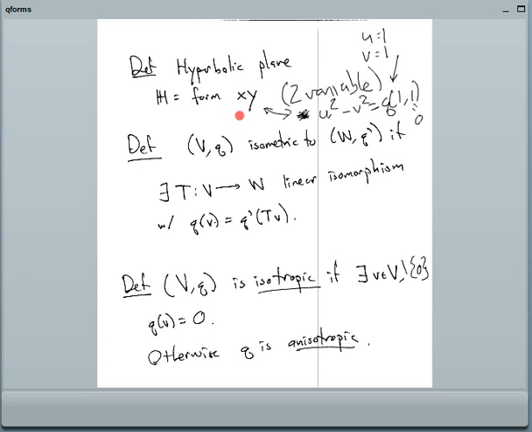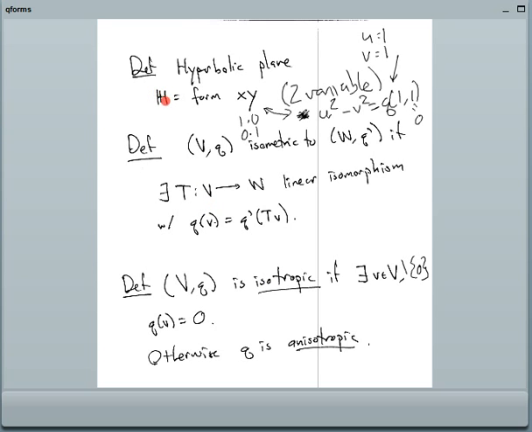Written as x times y, you have two obvious solutions: 0 times 1, or 1 times 0. In fact, one can show that if you have a two-dimensional form which is isotropic, it's equal to this form after a change of coordinates.